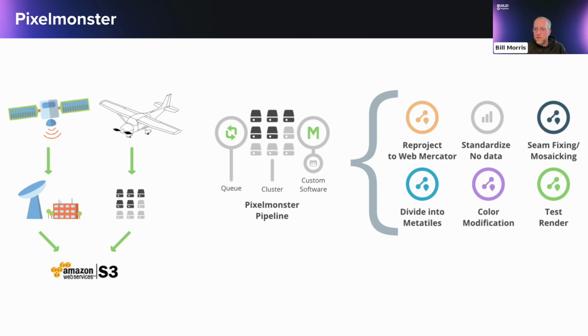And the output is just a series of little WebP or PNG tiles, 512 pixels on a side, very portable, rarely more than like 200 kilobytes. And those are the things that get sent really fast.